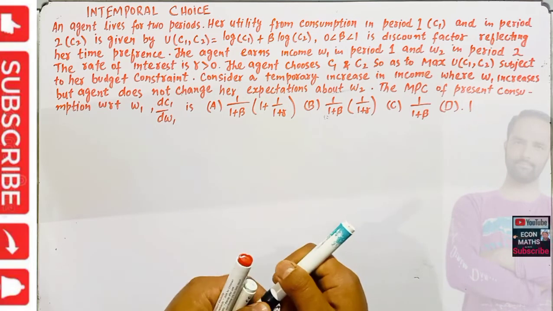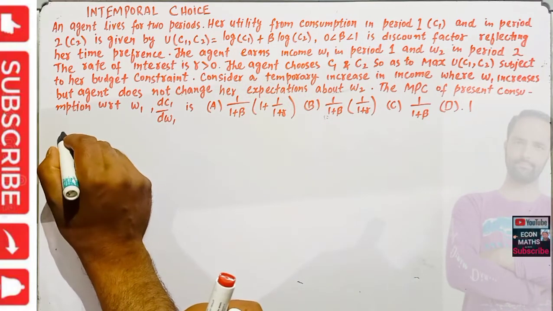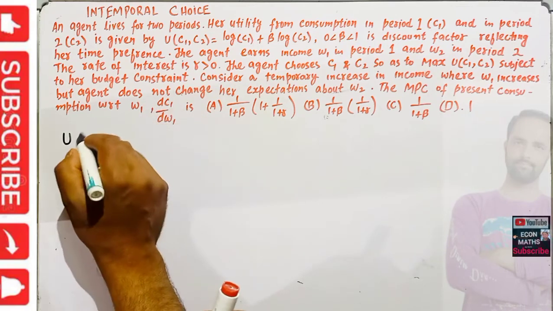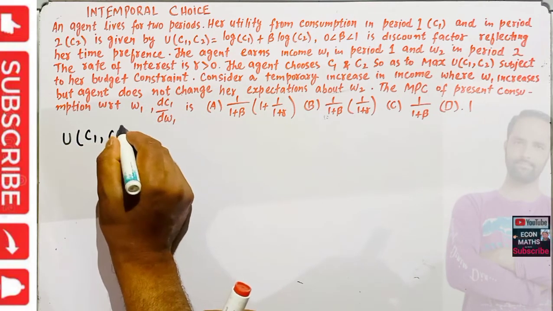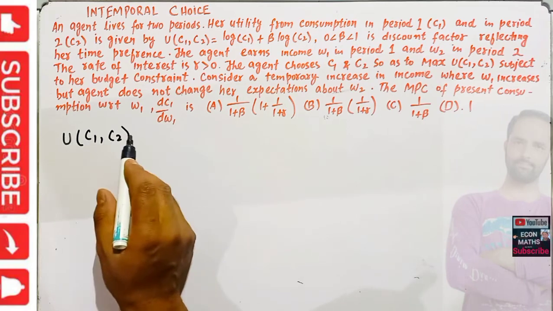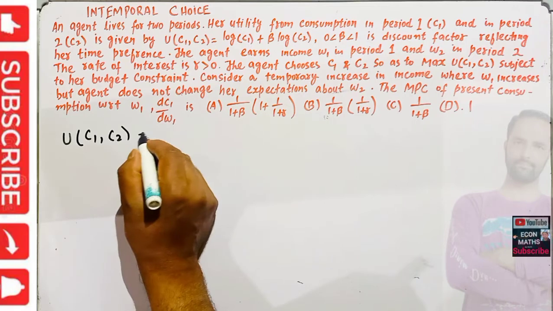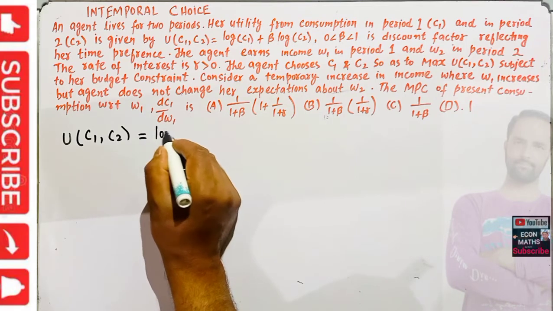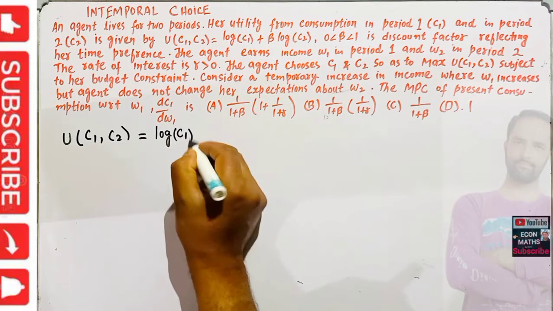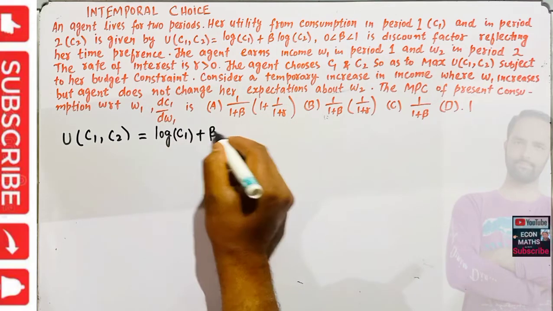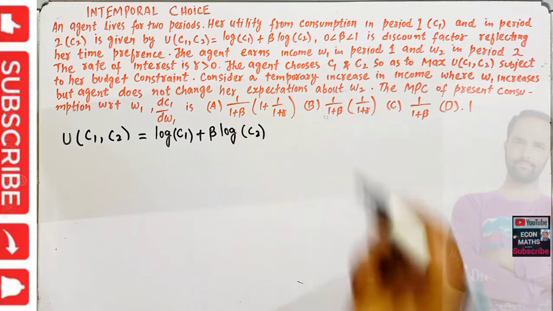So we are given the utility function of the agent, that is utility as a function of C1 and C2. That means utility is a function of consumption in period 1 and period 2, and it is defined as log of C1 plus beta log C2, where beta lies between 0 and 1.